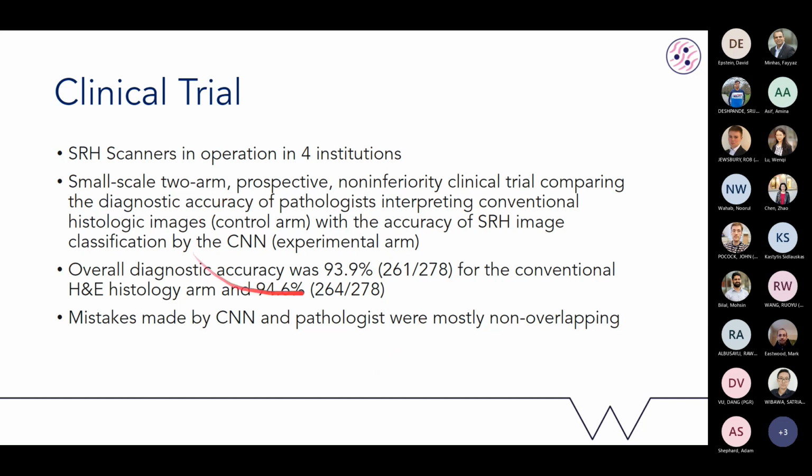There's a small caveat to this in that they've actually allowed their CNN to choose not to classify a certain number of cases. So they've got a method which looks at the image and decides if it's far away from the images it's trained on.